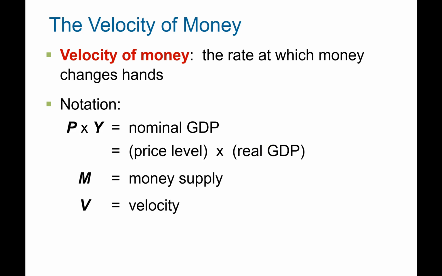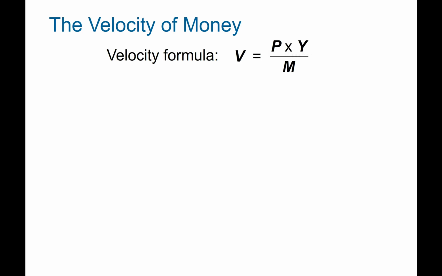M in our notation is the money supply, and V refers to the velocity of money, this rate at which money moves through the economy. So the velocity formula, if we rearrange it, is P times Y, which is our nominal GDP, divided by the money supply. And the idea is that money moves at this rate.